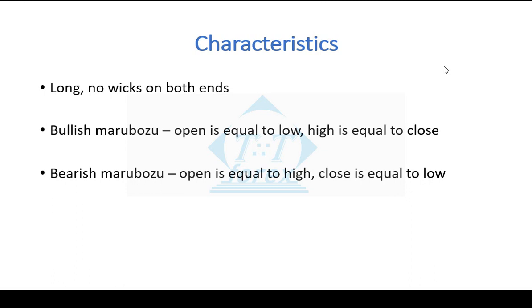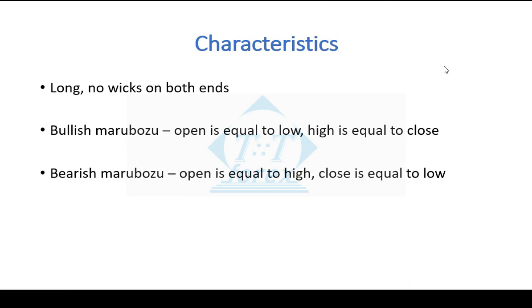So in a bullish marubozu, in which the open is lower than the close, the open must be equal to the low of the candle, and the high must be equal to the close. In other words, the open is the low of the candle, and the close is the high of the candle.